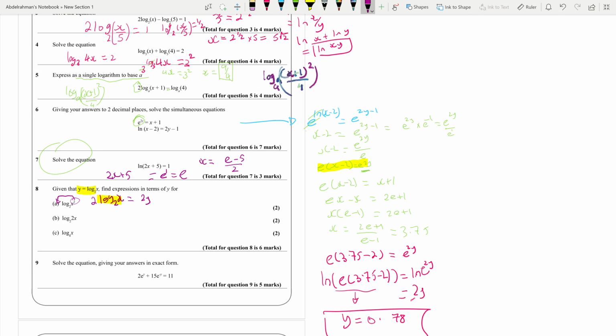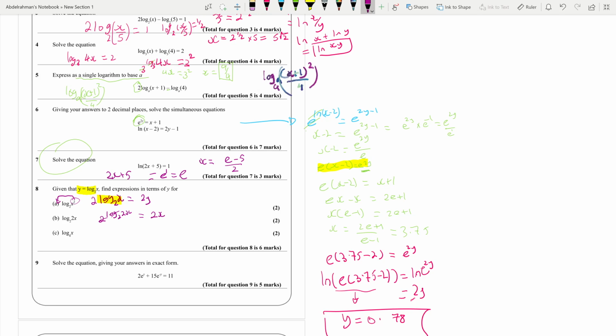All right, so we know that y is equal to log to the base of 2 of 2x. If we do 2 log 2x, these two cancel out, so we have 2x.